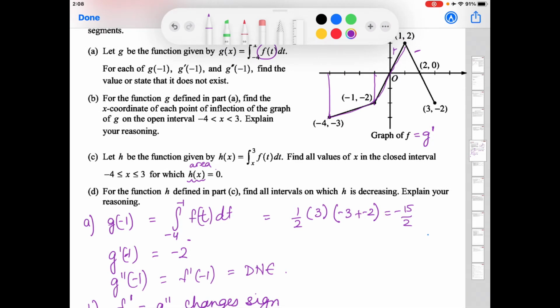What x values do I pick that would give me an area of 0? If I pick -1 to 3, wouldn't that give me an area of 0? Because this will cancel out with this, and this triangle will cancel out with this.